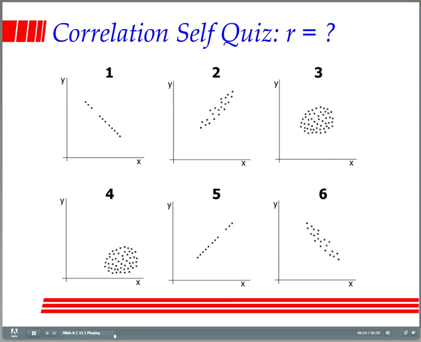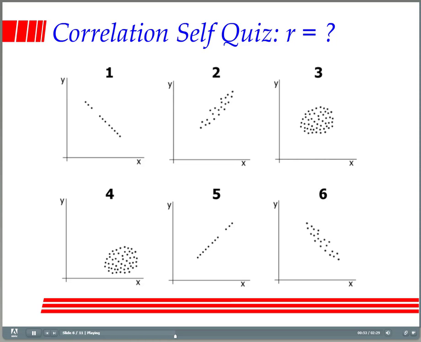In situation 1, we have a straight line, and that's where we have a very strong correlation between x and y. In these extreme situations, r is either +1 or -1. Since this is a negative slope, this is an r value of -1.